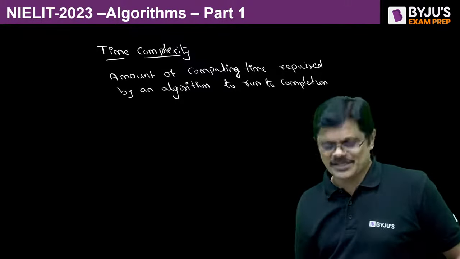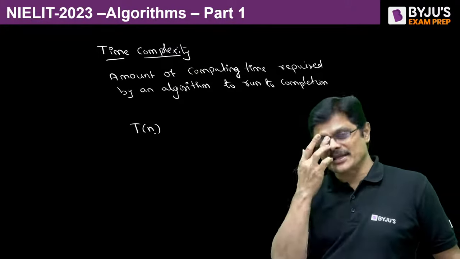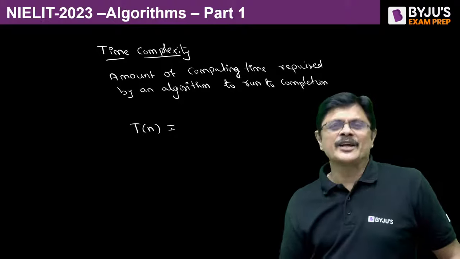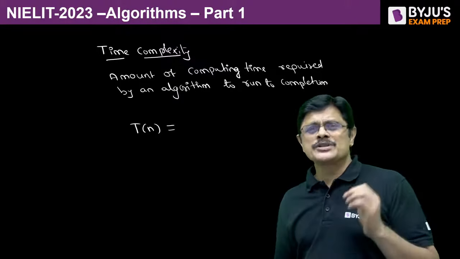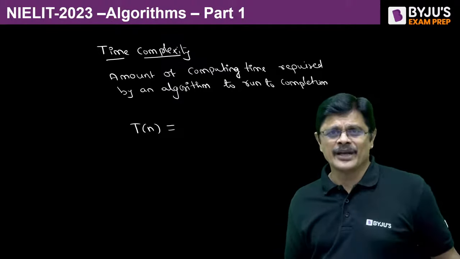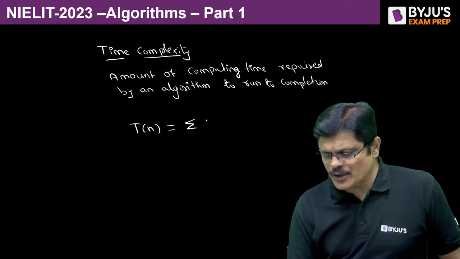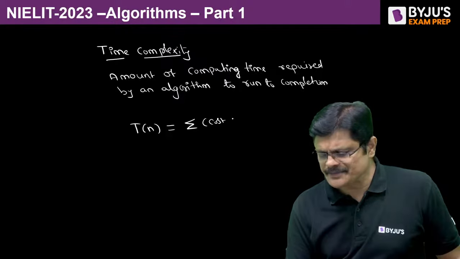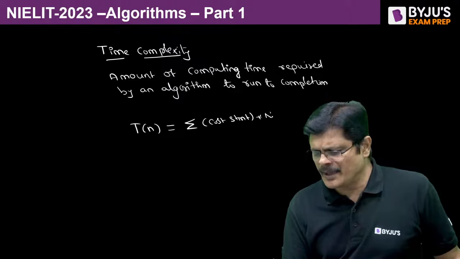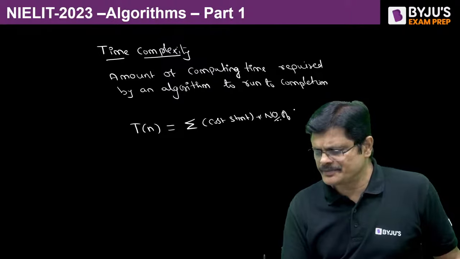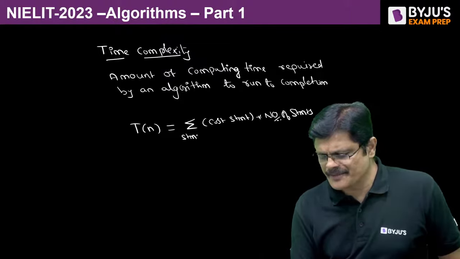We estimate time complexity as a function of input size. And for that, we need to introduce a notation or notion, and we use the notation of the step size. The time complexity is estimated like this: cost of statement into number of times the statement is executed, over all statements.